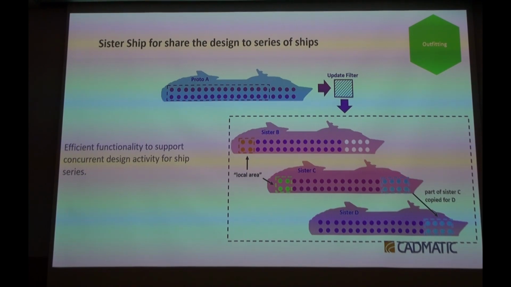So we can have one main design where we can then make changes only to certain parts in the sisters. And this of course keeps going. We can still maintain it even though local changes are happening.